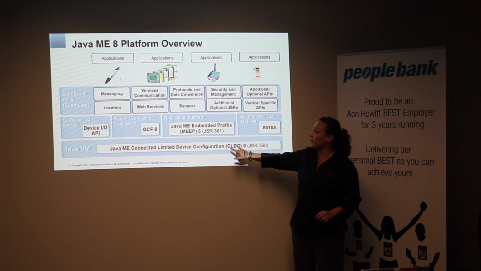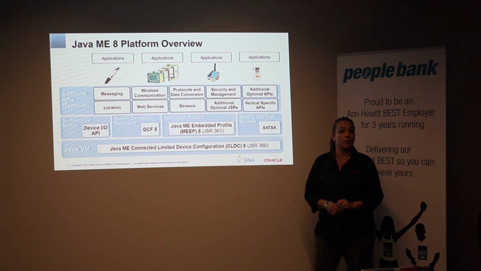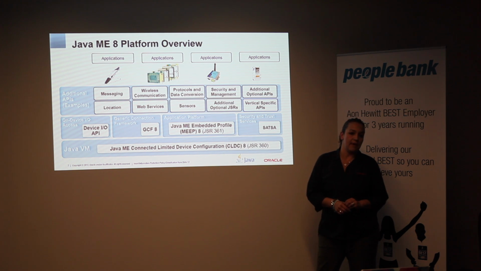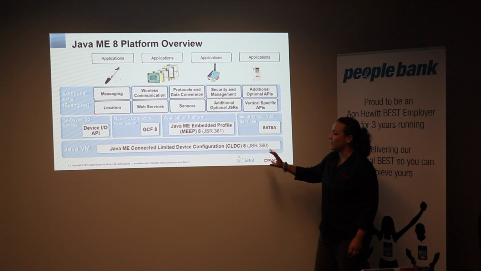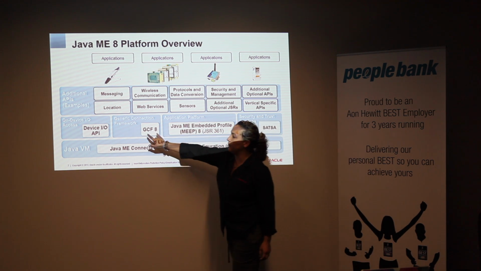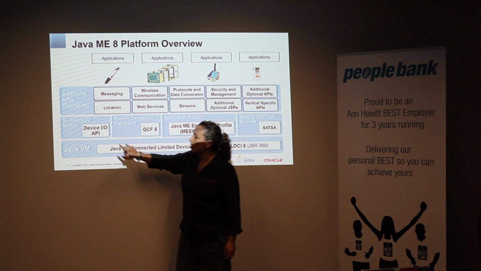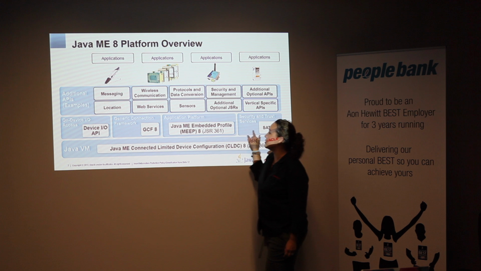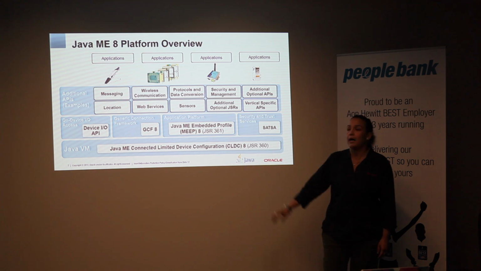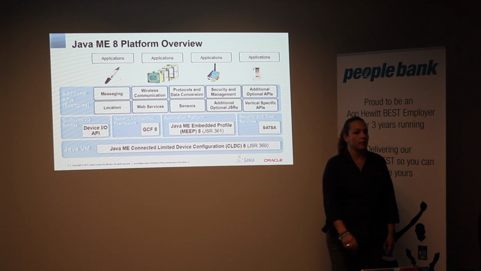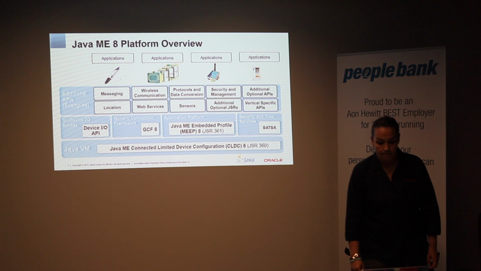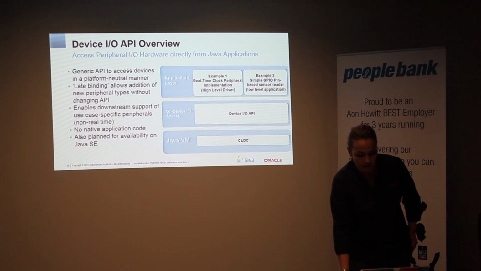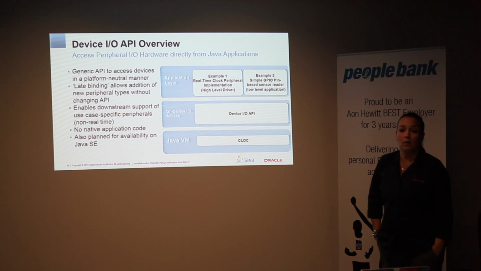On top of that, we have the Java ME Embedded Profile, or MEEP. We have extra APIs for connectivity, the Generic Connection Framework, for devices, and for security, SATSA. And on top of that, we have a bunch of optional APIs. But today, the guest star is the Device I/O.